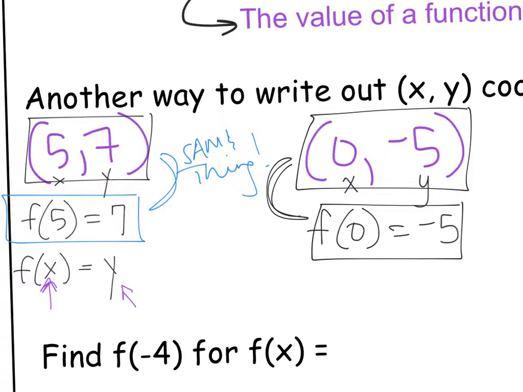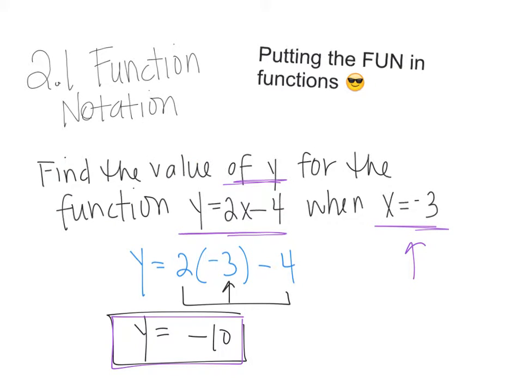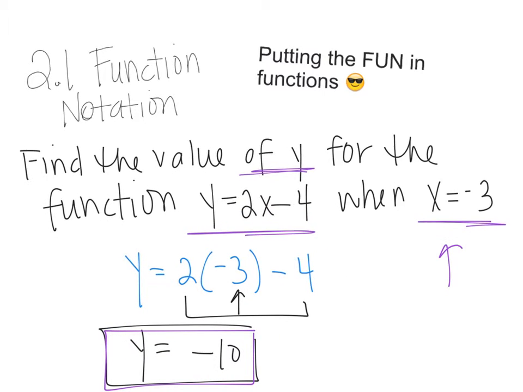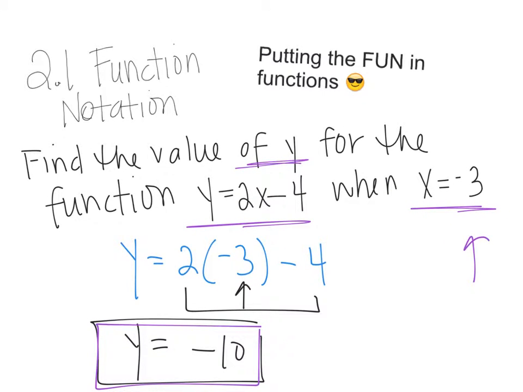So why do we do that? Why do we even care about function notation? And really it's because it's an easier way to see the pair that goes together. Let's go back to that first example. We can see in this first example that y is equal to negative 10. Okay, but we have to go back to the original problem to see what the x was.